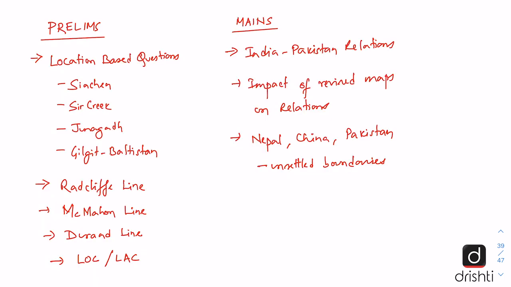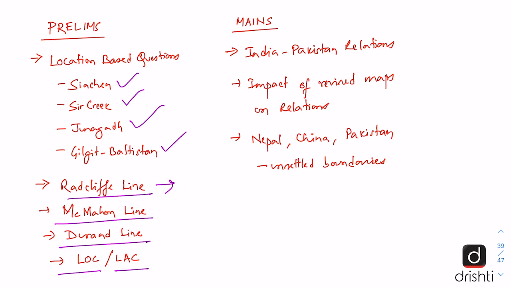So in prelims, one can be asked about the location of various places such as Siachen Glacier, Sir Creek, Junagadh, Gilgit-Baltistan. So one should be clear about their location on the map. Also one should be clear about the Radcliffe Line, McMahon Line, Durand Line, Line of Control and Line of Actual Control. So the Radcliffe Line is basically the line which separates the border between India and Pakistan.